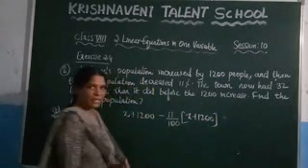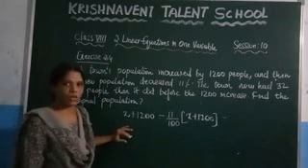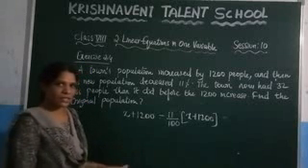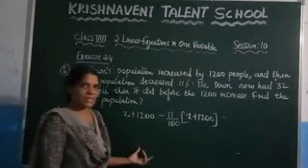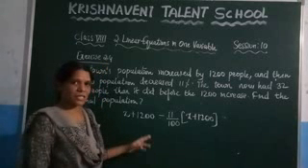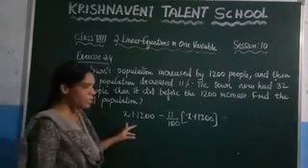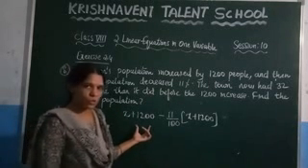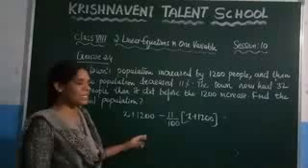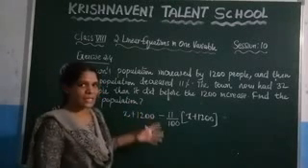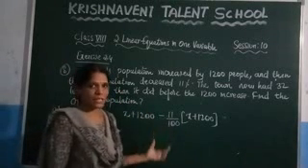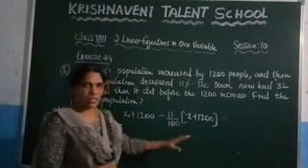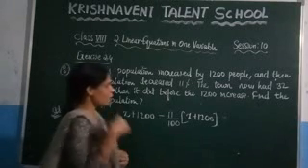This is given here. Again, what they have given: you need to find the original population. Let us consider the original population as x. This original population is increased by 1200 people, so you need to add 1200 to the population. So we have added, and after that you got the new population. And again this new population is decreased by 11%. 11% is nothing but 11 by 100 of x plus 1200.